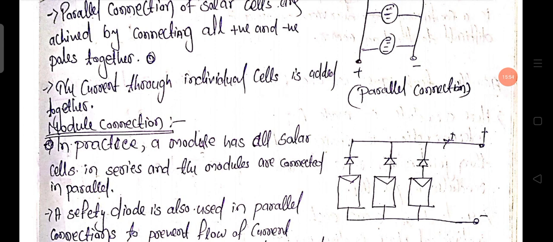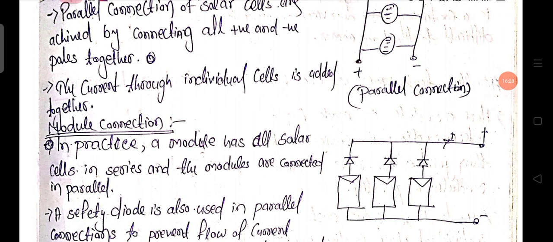Now let us see module connection. In practice, a module has all solar cells in series, and the modules are connected in parallel. In practice, in manufacture or in the commercial industry, the solar cells are connected in series, and the modules are connected in parallel.